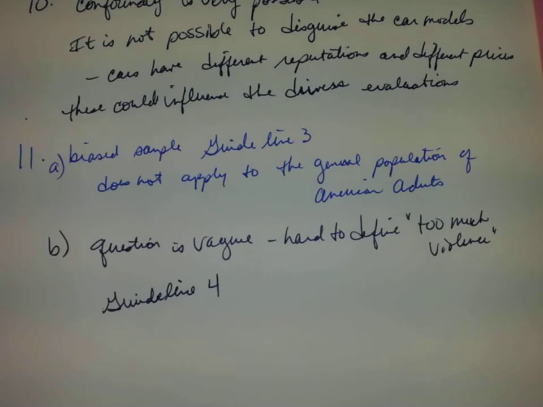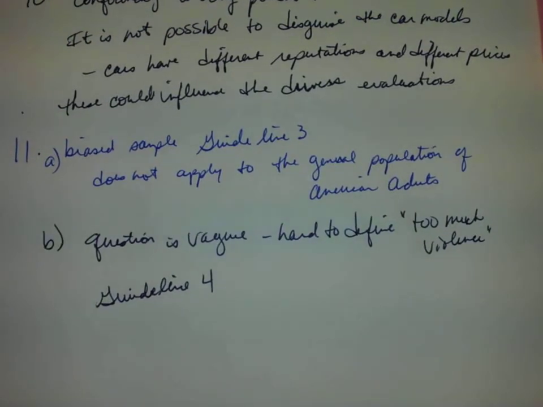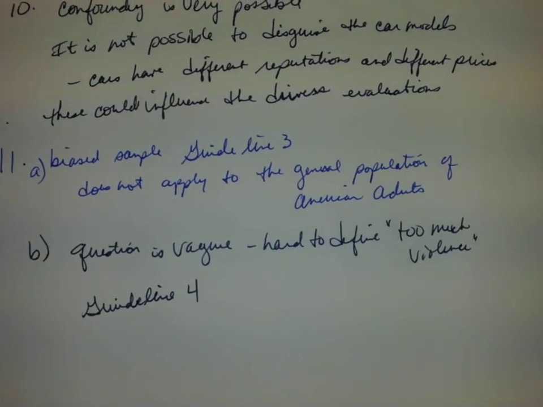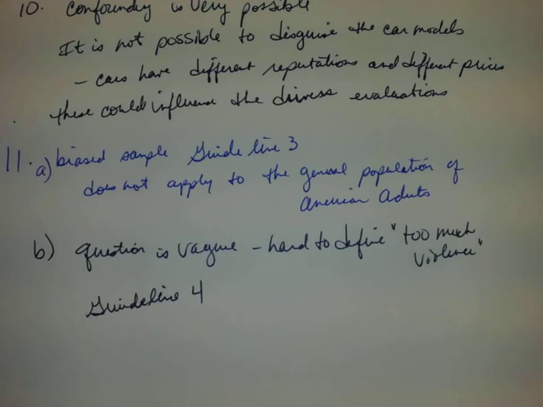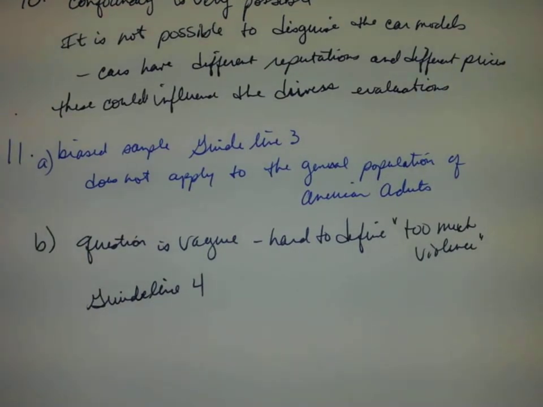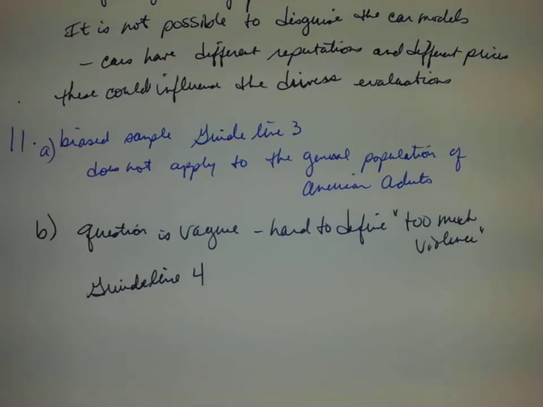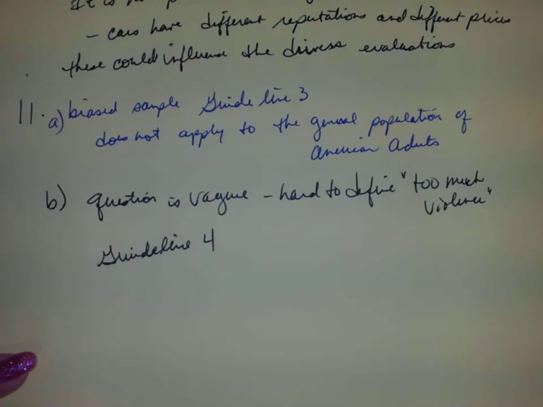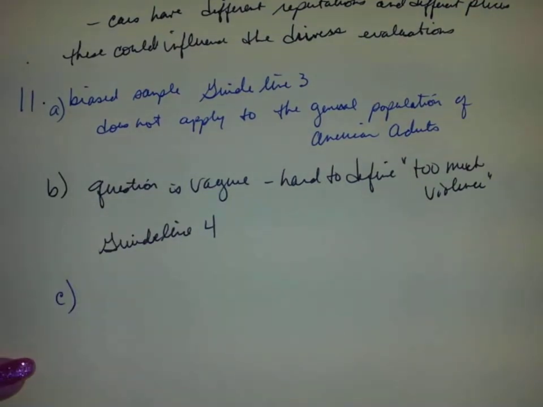Now, do you have to tell me it's guideline 4? You should try to know those, but even if you don't know 4, you need to know the title of the guideline. Don't go like, well, you got to tell me. It's the guideline that looks for problems defining or measuring a variable. Okay? But it'd be good if you know which one it is, because then it's easier for you to continue to move forward in knowledge.